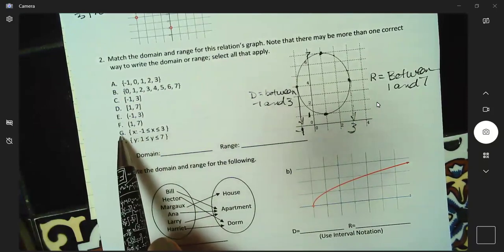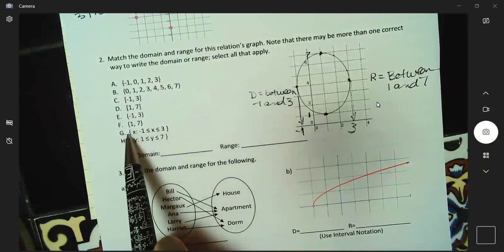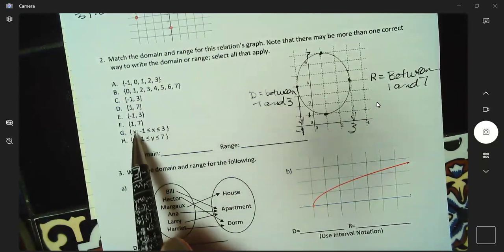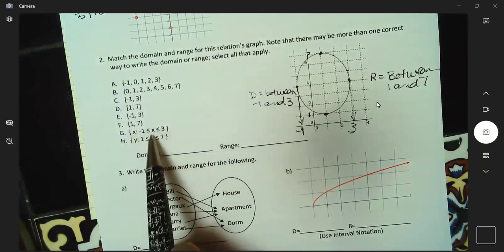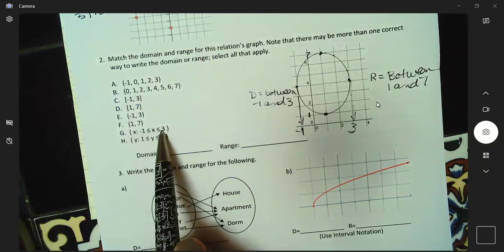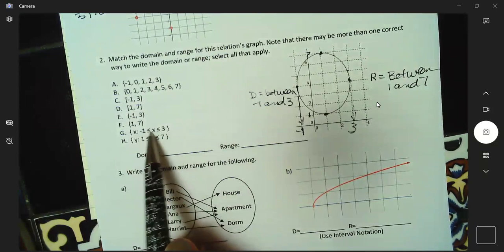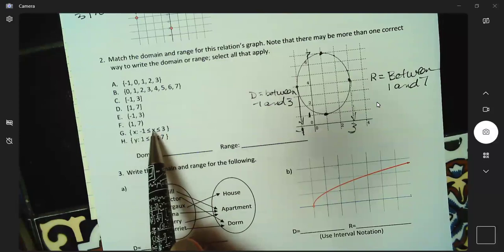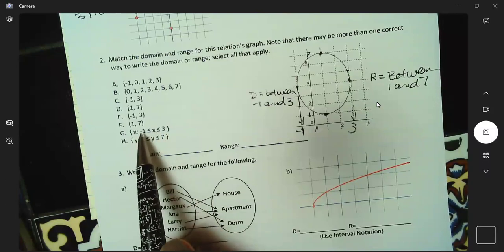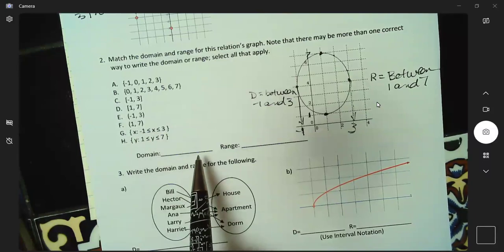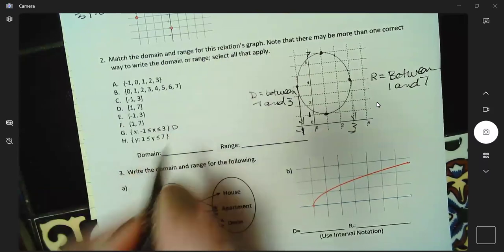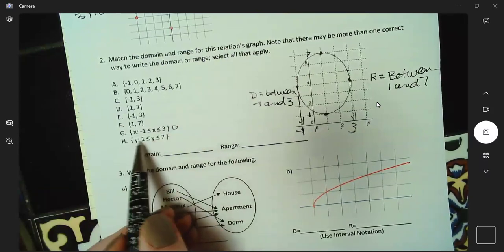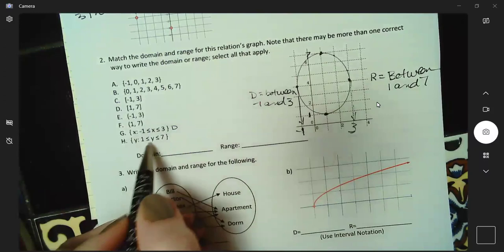So if I look at part G here, it says the set of, it's still a set, the set of all x values, the colon means such that the following statement is true. So such that x is between -1 and +3. The less than or equal means it can equal either one of these numbers on the edge. Okay, so this is using an inequality to describe the x values. Anything between -1 and +3. Okay, so that would be a domain value. Down here, same thing, it's describing y between 1 and 7.